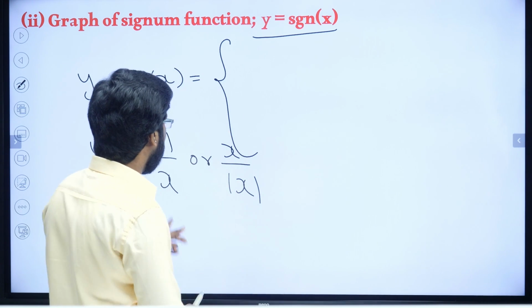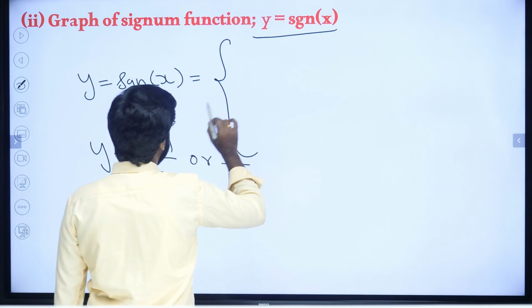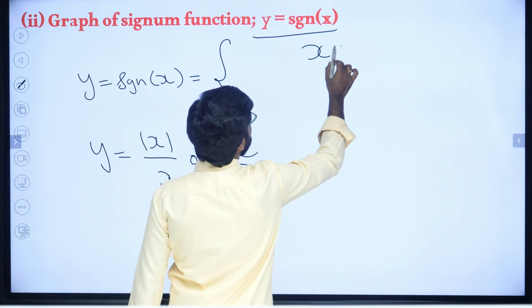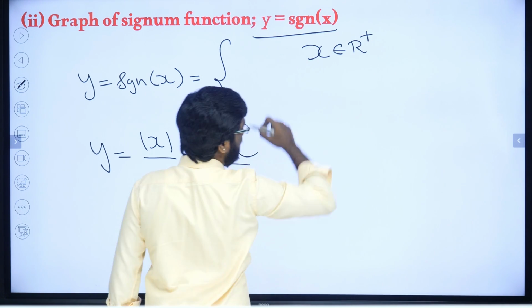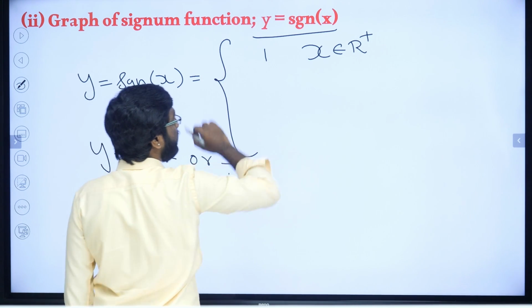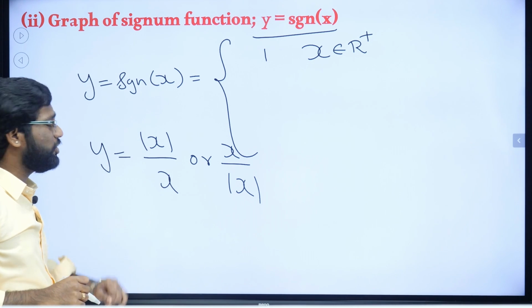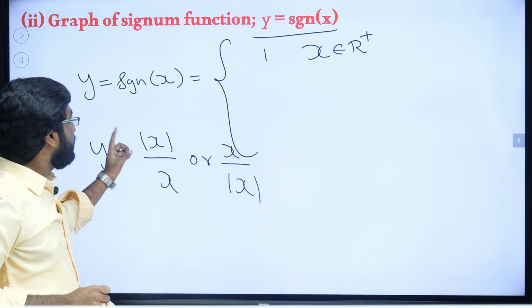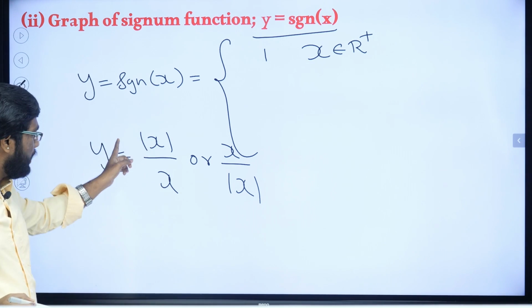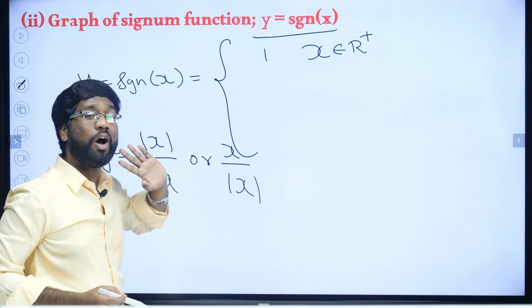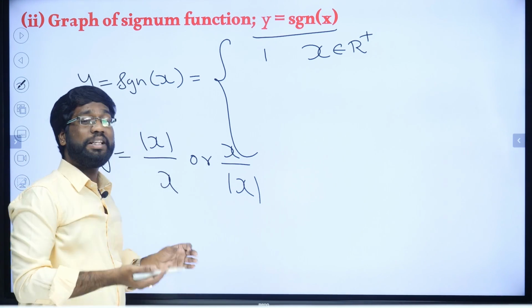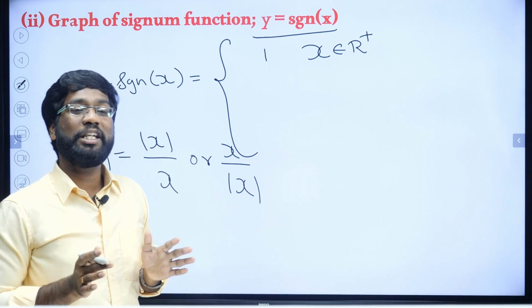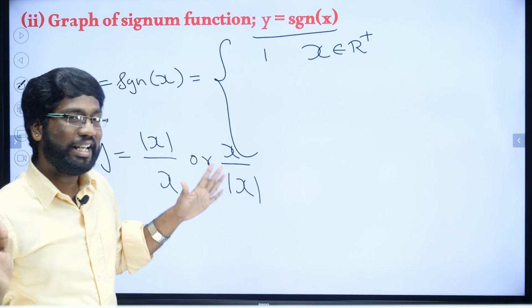See, my dear students, if my x belongs to R plus, then my value is always 1. If you want, you can check it. So 1 by 1. Mod x means don't care, for R plus it is going to give me the same value, so it will not make any kind of change.